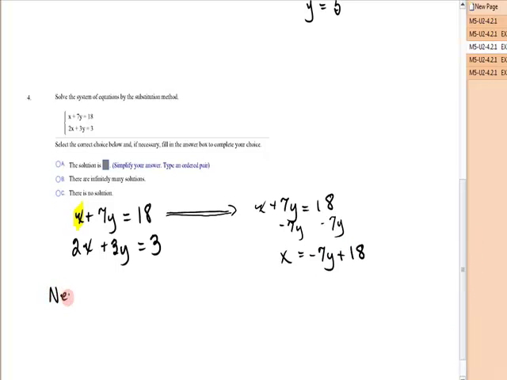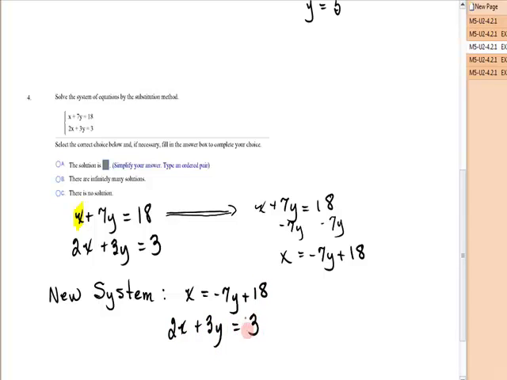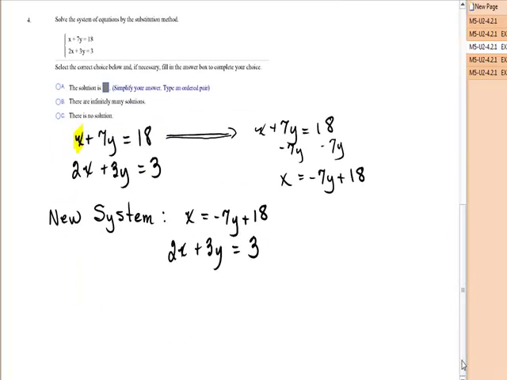All right, I have a new system to look at now. Once again, I write little notes as I go along. I have x is equal to -7y plus 18, and I have 2x plus 3y is equal to 3. So I replaced this equation with its modified form, and I look at this as a new system.